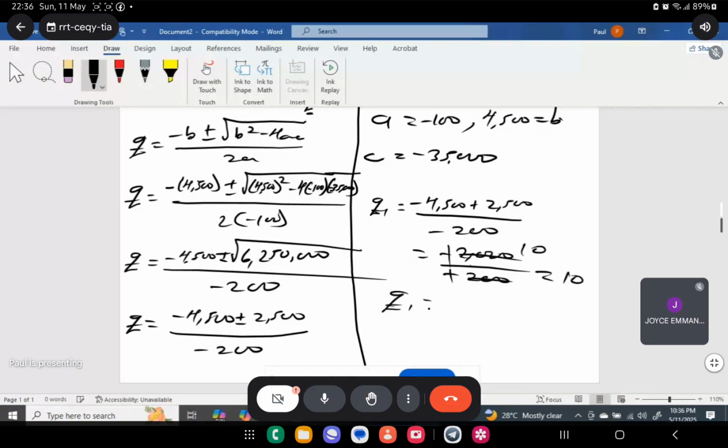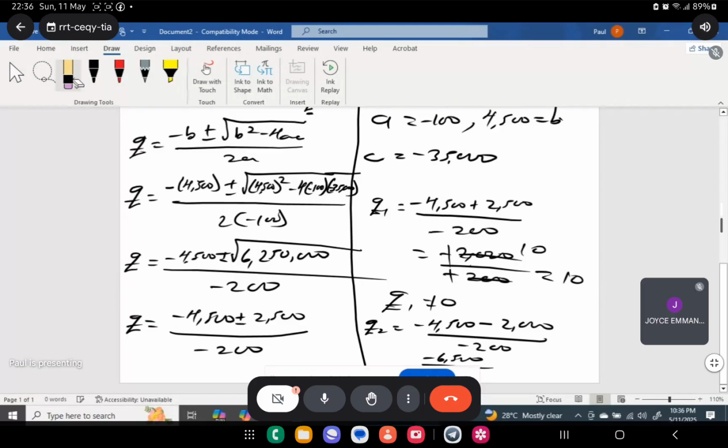Now, to get Q2, I'll say it is equal to minus 4,500, but this time I assume it is minus 2,500. So I'm getting minus 7,000 divided by minus 200. Oh, it's not going there.